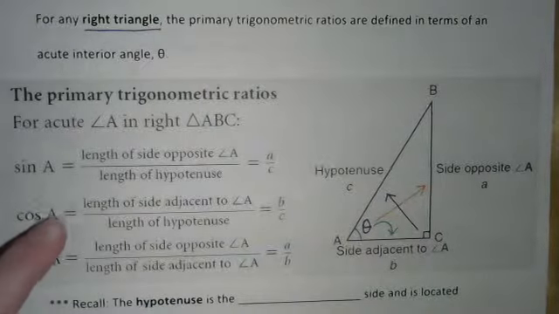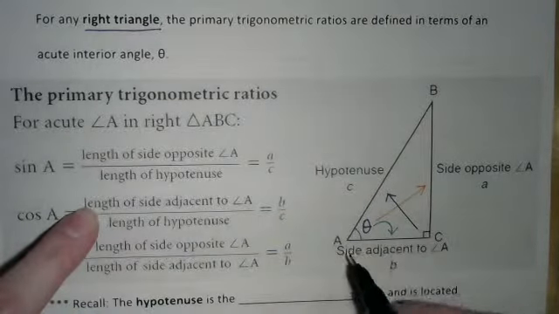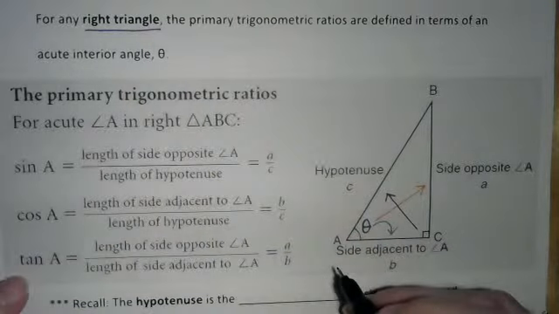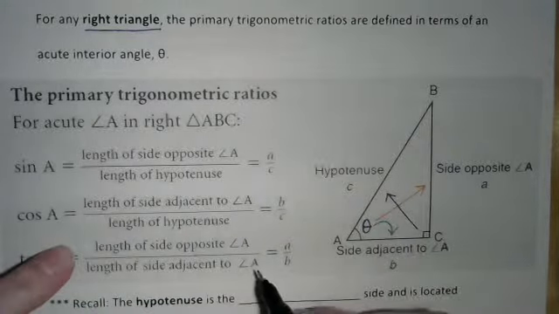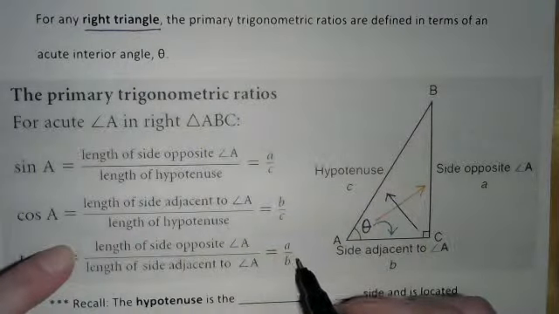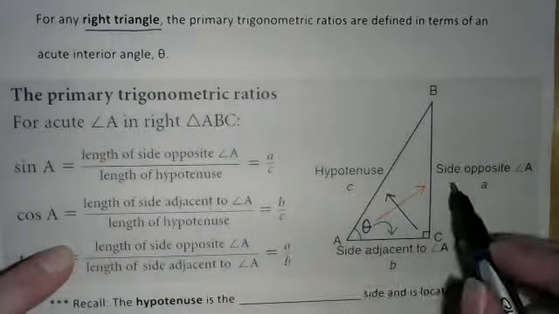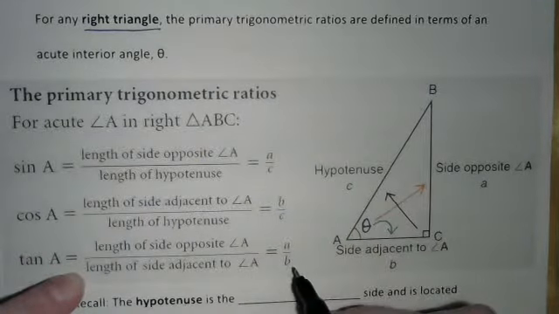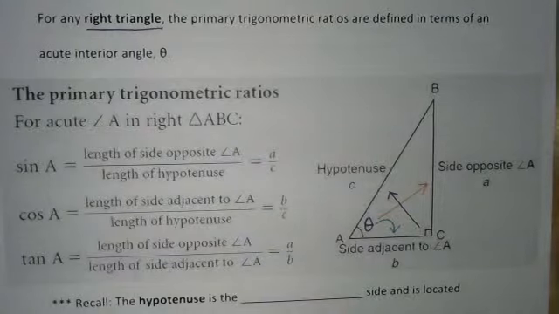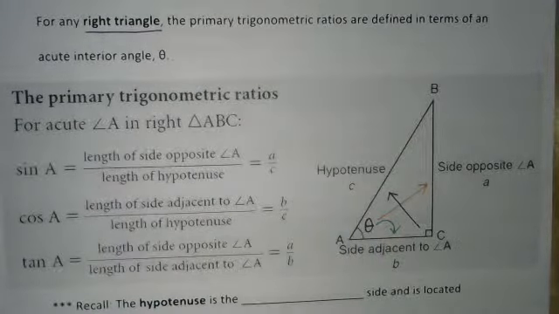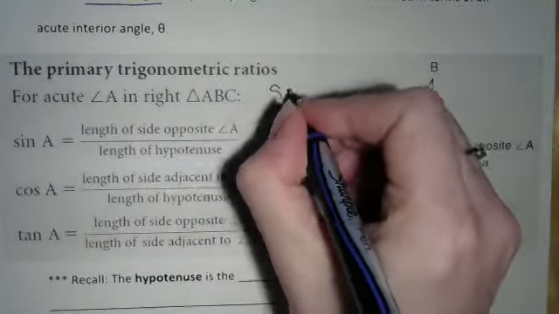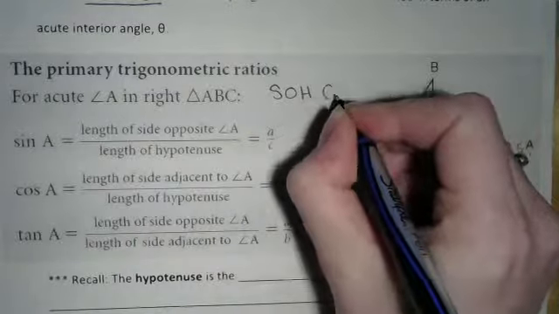Cosine is the length of the adjacent side, B, divided by the length of the hypotenuse. And tangent is the length of the side opposite A, divided by the adjacent B. So the fun little acronym for remembering that, I'm sure many of you will have heard this before, is SOHCAHTOA.